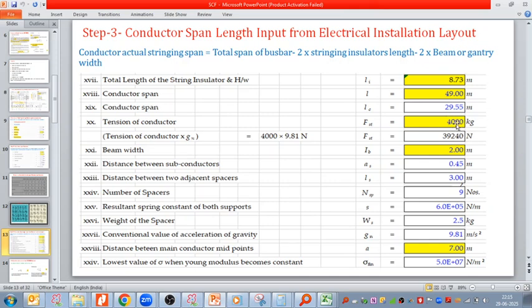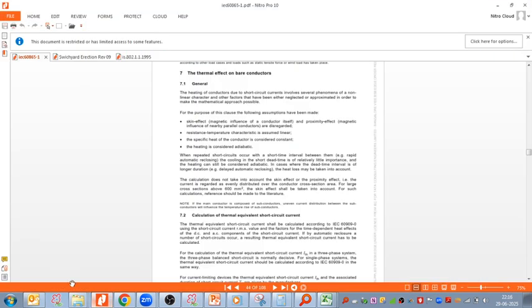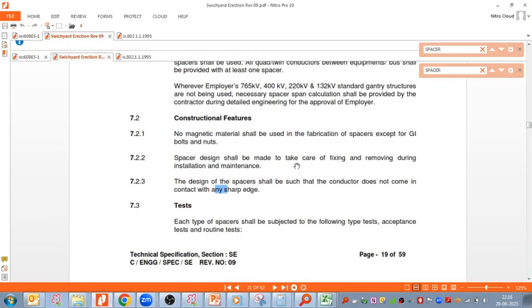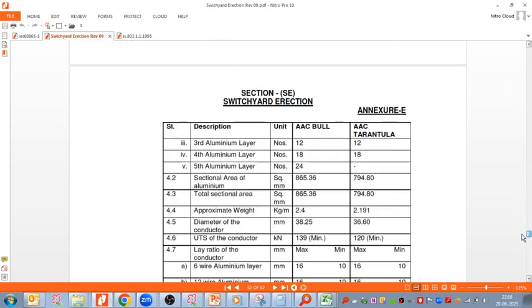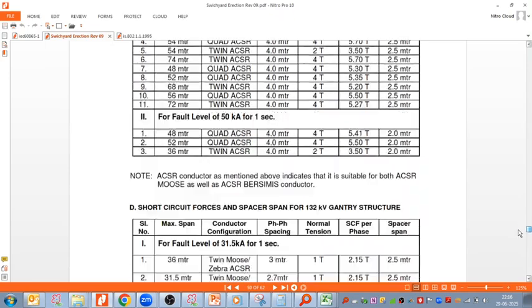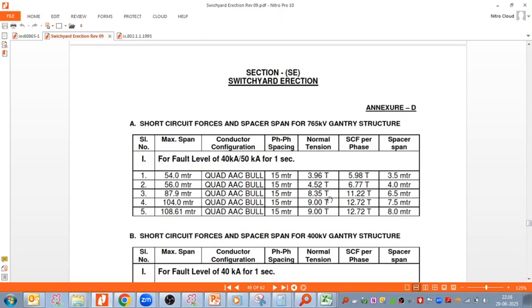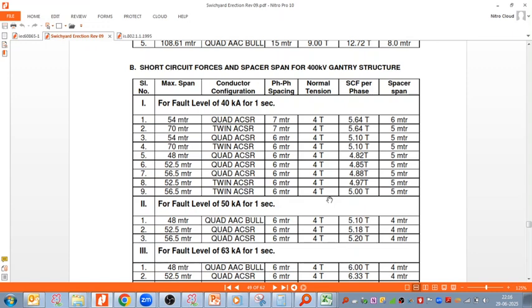Here, sir, referring that this is an engineering practice that we take 1000 kg per conductor as a normal tension or a static tension. For that I refer to the Power Grid erection manual. In that it was mentioned, so I was referring to this document to support my assumption of engineering practices.